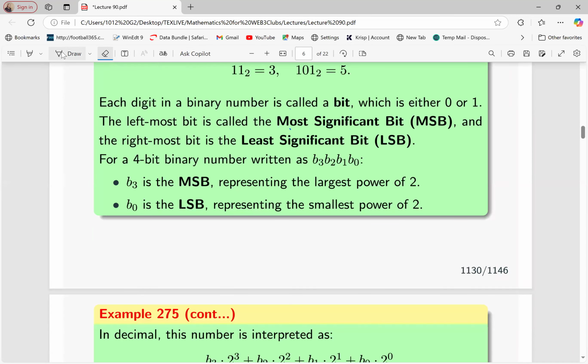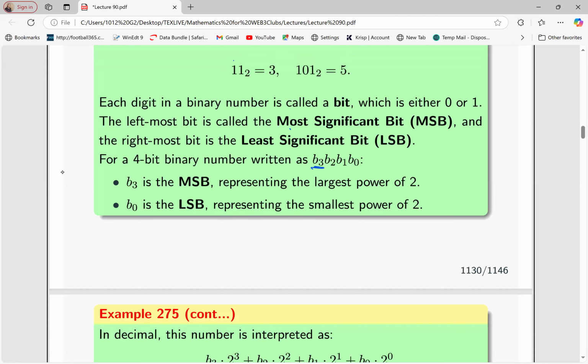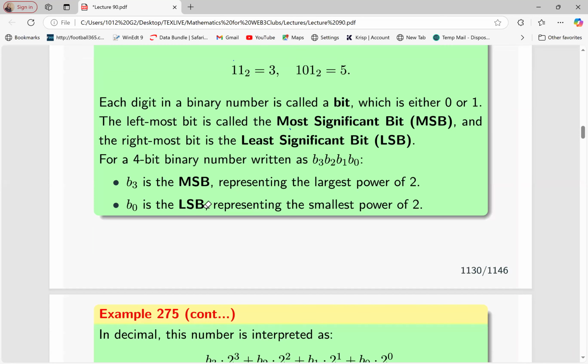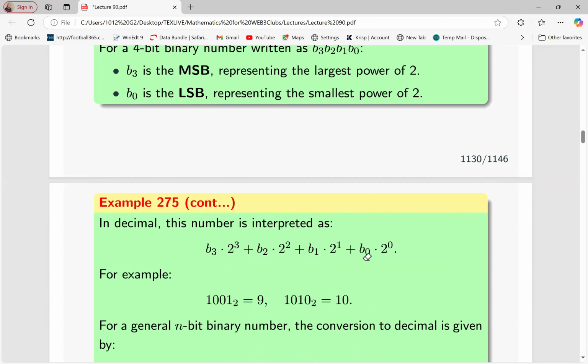Now, just using this example again, you can identify that this is the most significant bit, and this is the least significant bit. So by most significant bit, we shall use this abbreviation, and this abbreviation shall mean the least significant bit. Now, we have seen how to convert a binary number to a decimal number.